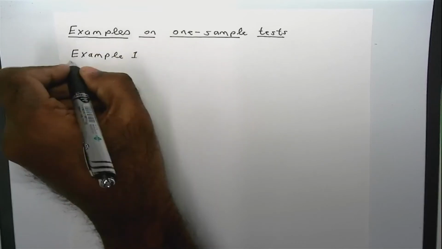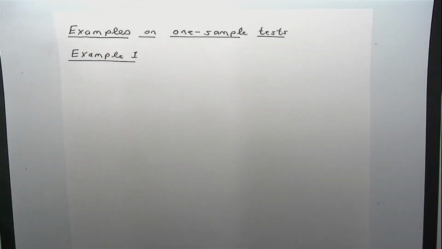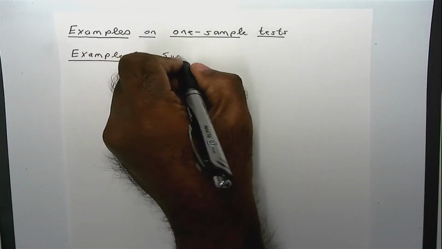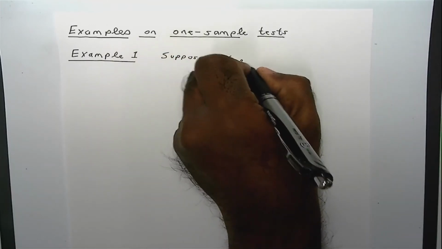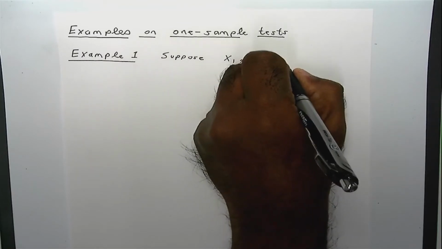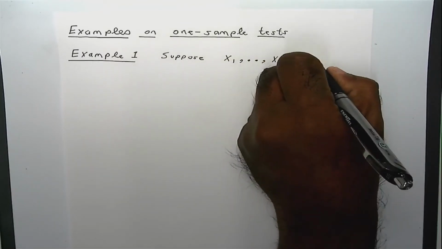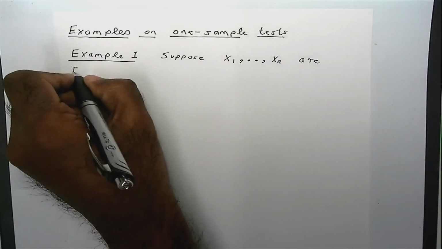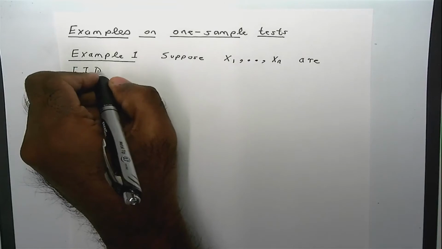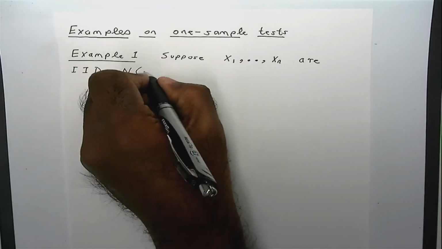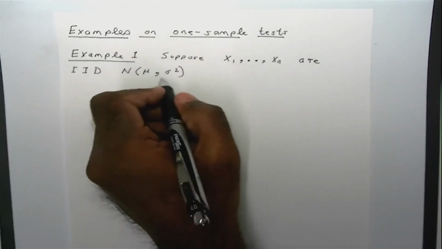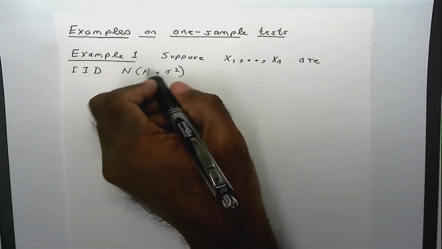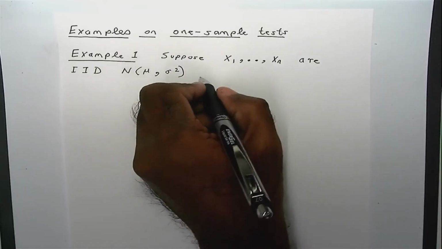Example 1. Suppose you have a random sample from a normal population with mean mu and variance sigma square.